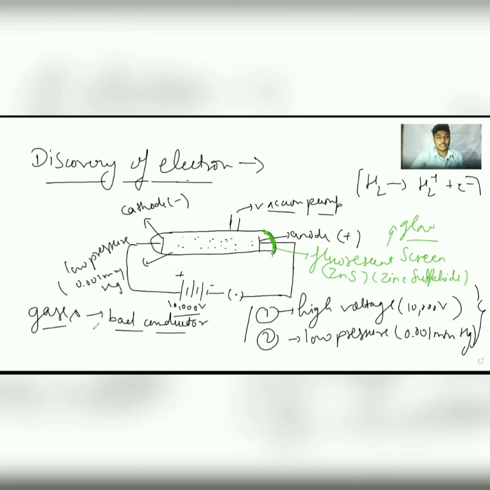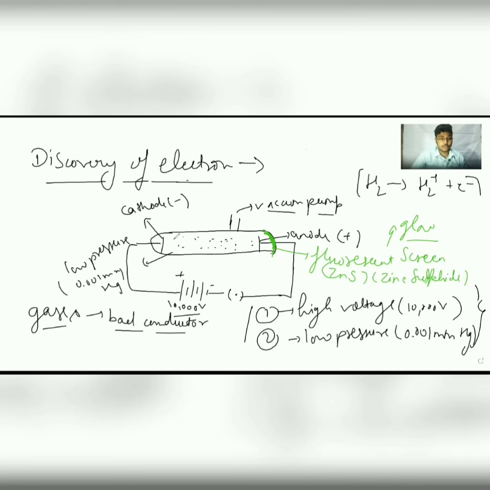So when he started his experiment, it was seen that a glow was produced from behind the anode by the fluorescent screen.